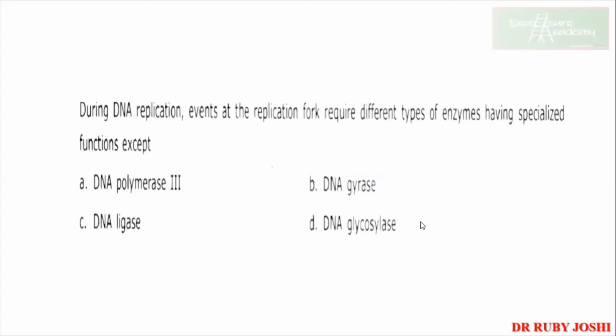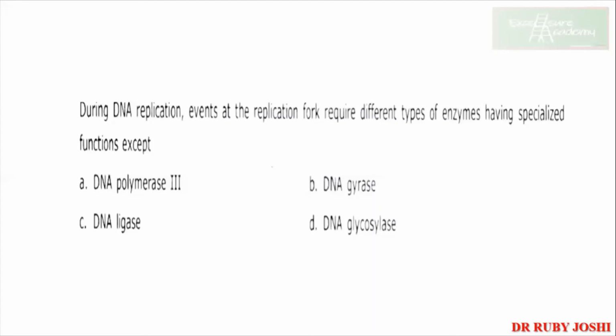So the base gets removed, and what remains is the deoxyribose sugar and the phosphate without any base. Later other enzymes will come and remove that site without a base, which we call apurinic or apyrimidinic.